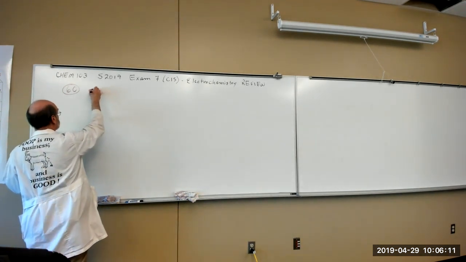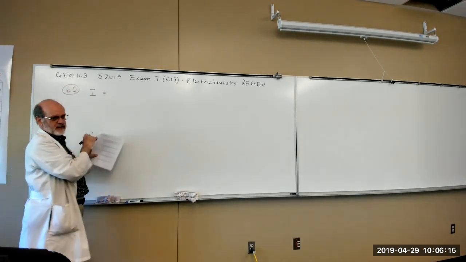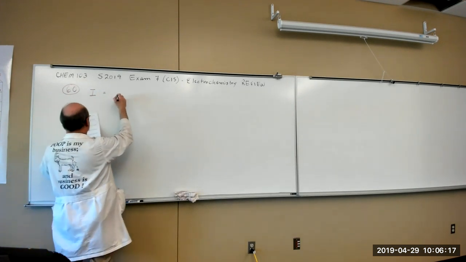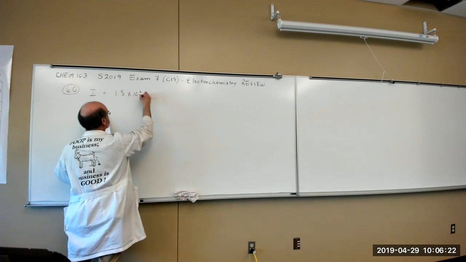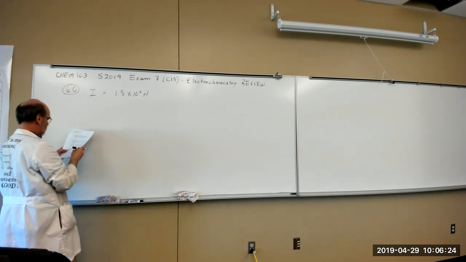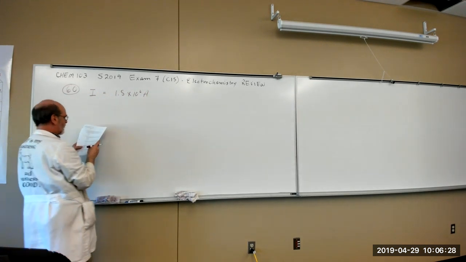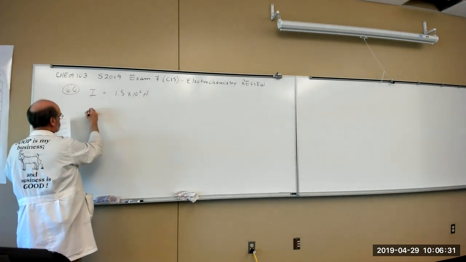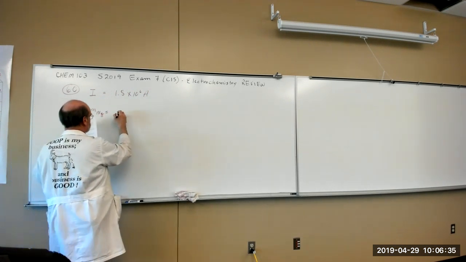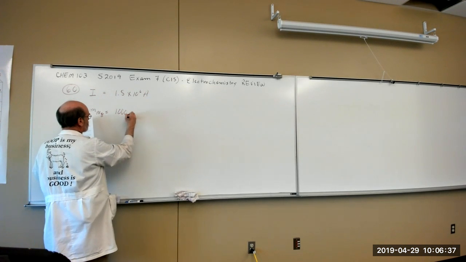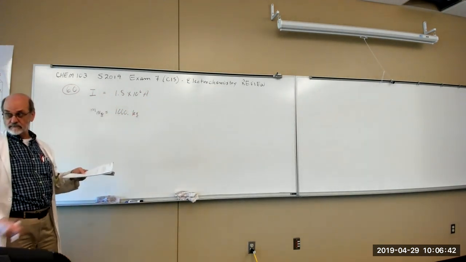So current is given as I. This is physics. 10 to the 6th amps. Okay, how long will it take to produce 1 metric ton of magnesium? So the mass of magnesium is going to be 1,000 kilograms. That's a metric ton.